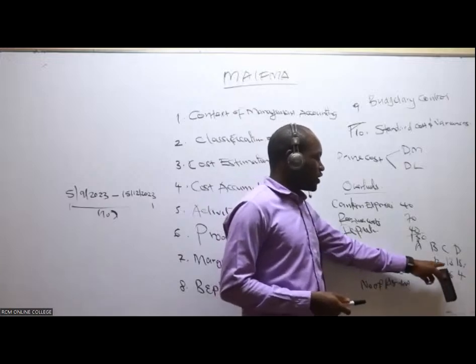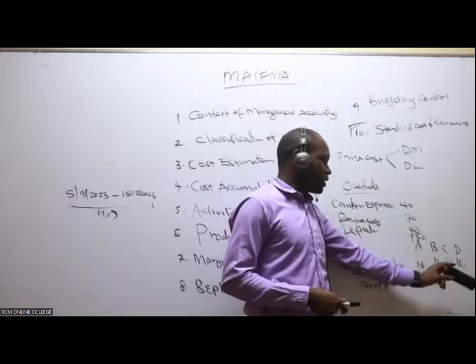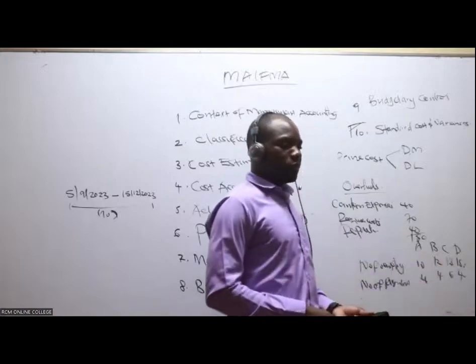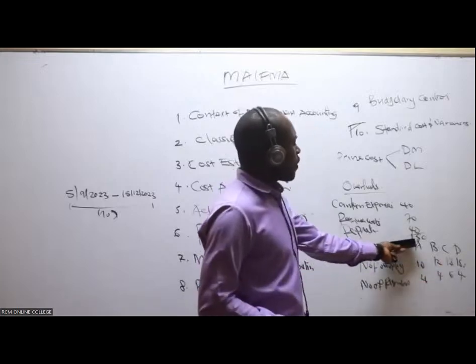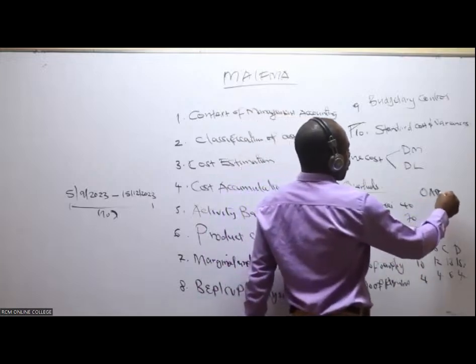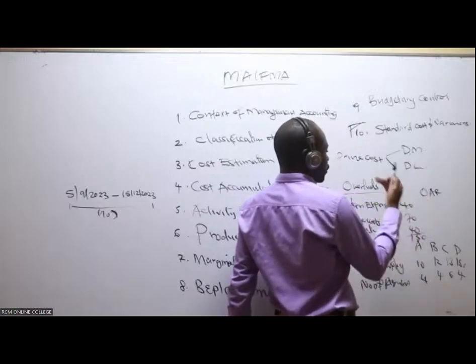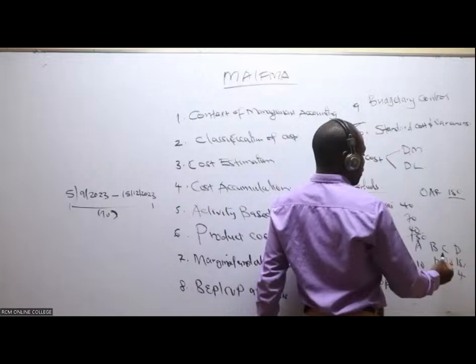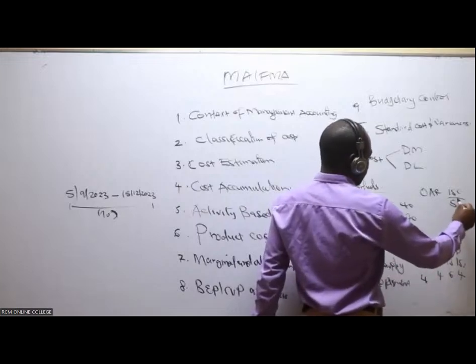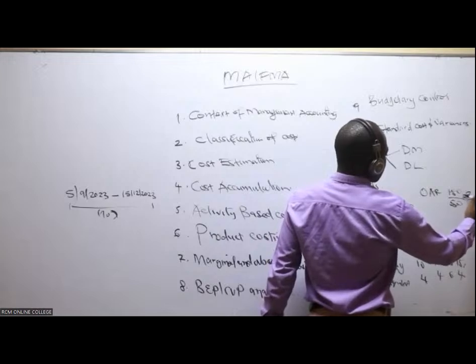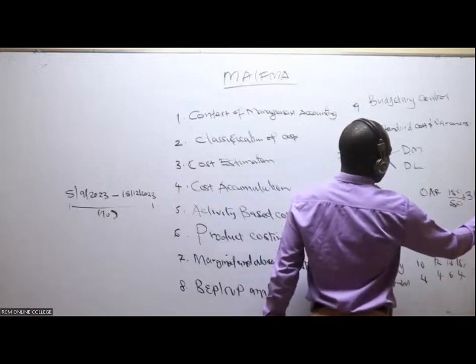We have 10 plus 12, that is 22, plus 13 will be 35, plus 15 will be 50. So to get the overhead absorption rate, remember again taking us back to topic number 4, I will take 150 and divide by the 50 to get the rate as 3 shillings per employee.